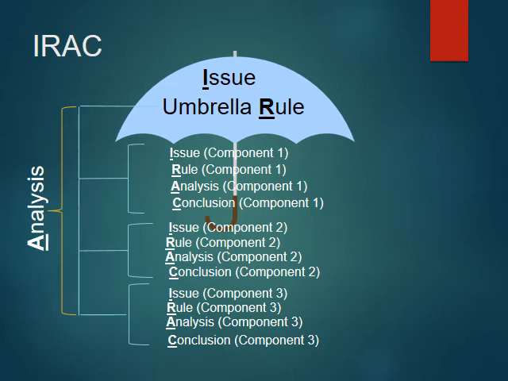That's all it means. That for each component of a rule, you conduct an IRAC-style analysis to determine whether or not it is satisfied. This lines up completely with everything we've talked about. It just treats the components of a rule as we have broader issues previously.